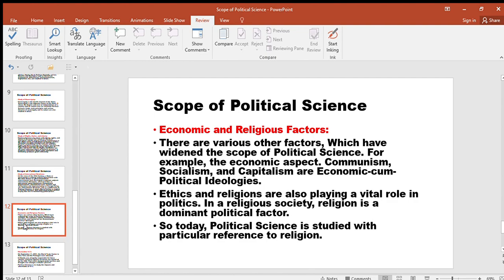Ethics and religions are also playing a vital role in politics. In religious societies, religion is a dominant political factor. So, today political science is studied with particular reference to ethics, morality, religion.